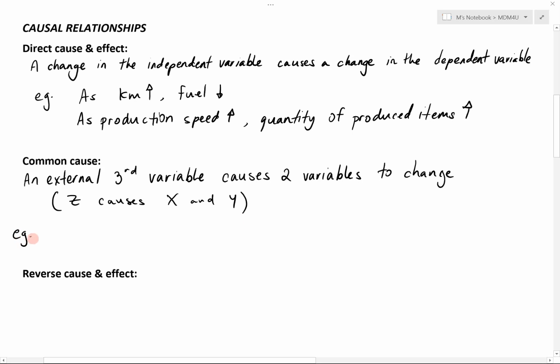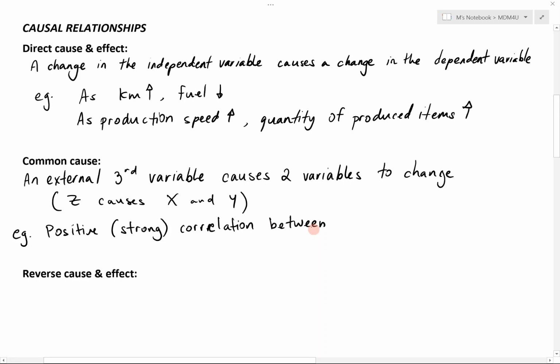The example could be a positive, strong correlation between two variables, x and y.